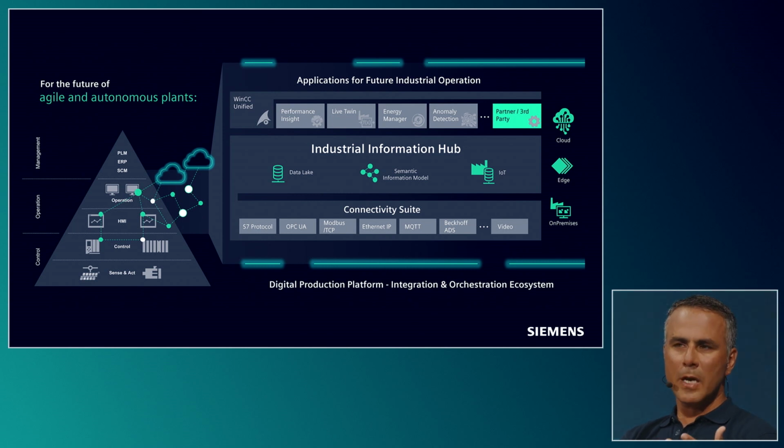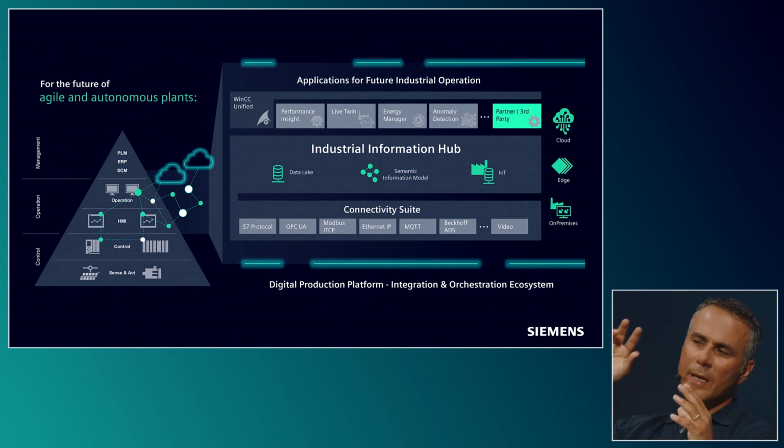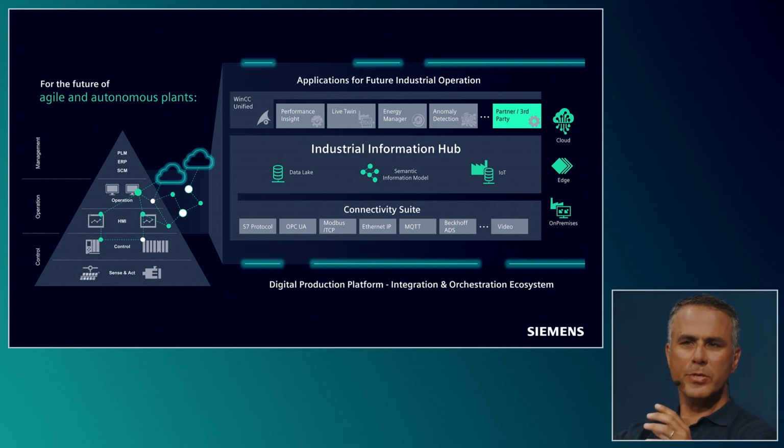The energy consumption data is brought together by the help of a semantic model in the Industrial Information Hub integration layer. And Energy Manager on the top consumes this data to optimize the process and to show the energy consumption data.